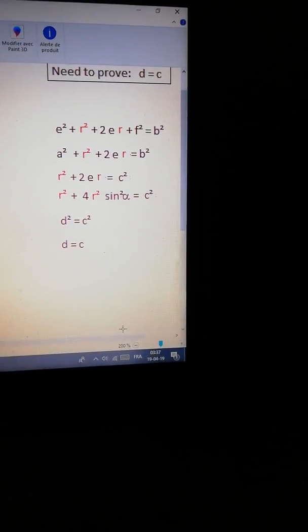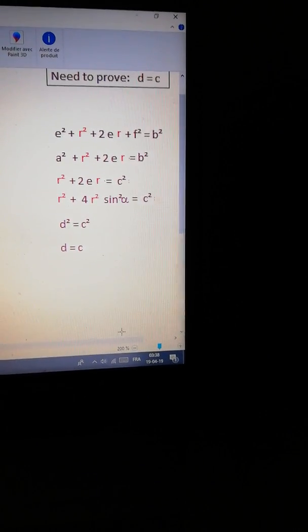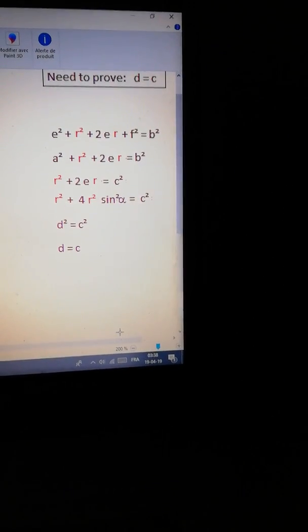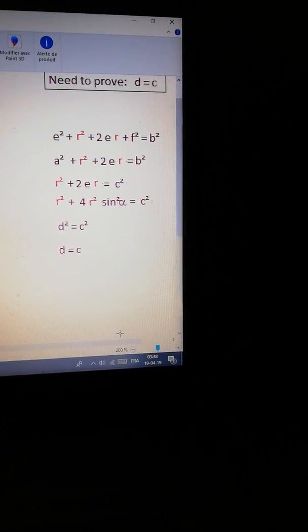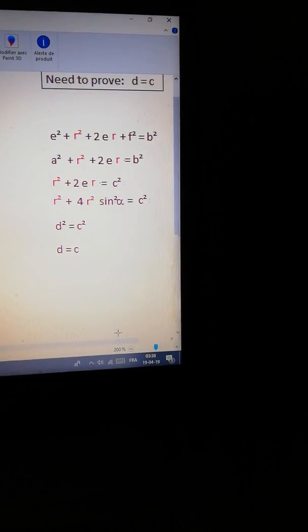So what I needed to prove was d equals c, and you see that I am using some workout of the expressions, and I'm combining results. I won't show you the process in detail because this doesn't involve all the stuff I'm supposed to explain.